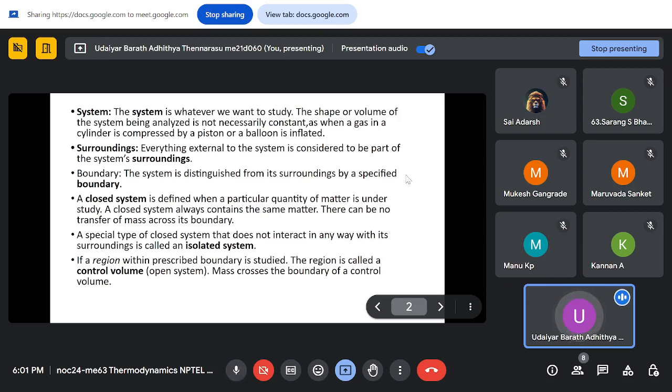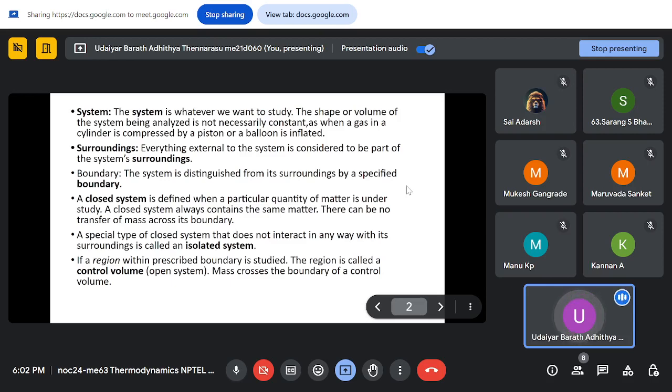The shape or volume which is being analyzed, that's the basic definition. It's not necessarily constant, it can be a variable one. You can consider a space that is not fixed, it can vary.